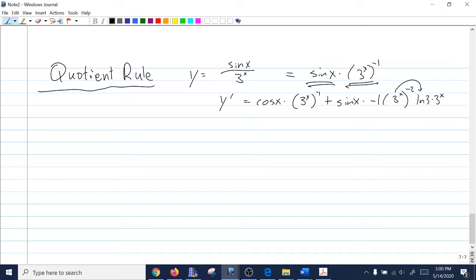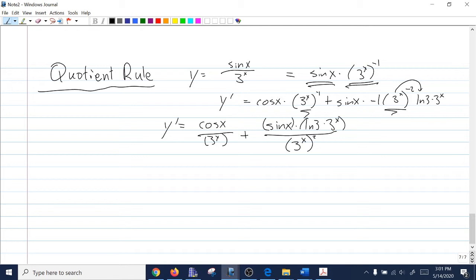Let's clean this one up so that we can see what the quotient rule is going to be. If I turn both of these parts of the answers back into fractions again, this looks like cosine x over 3 to the x plus sine x times ln 3 times 3 to the x over, that power of negative 2 means over this thing squared, so over 3 to the x squared.